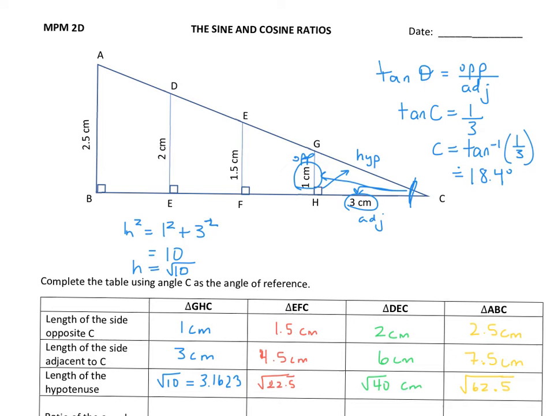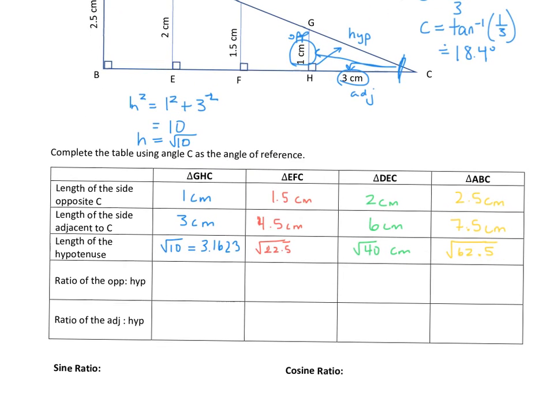Now I've chosen to leave my hypotenuses as the roots, so I have exact answers to work with here. Now we're going to take the ratio of the opposite compared to the hypotenuse. So the length of our side opposite angle C was 1, and the length of the hypotenuse was the square root of 10. And this I am going to take to a decimal amount here, and that's approximately equal to 0.3162, I believe.